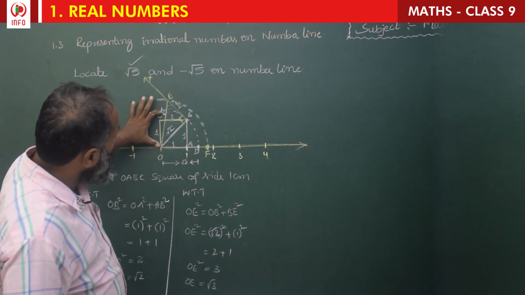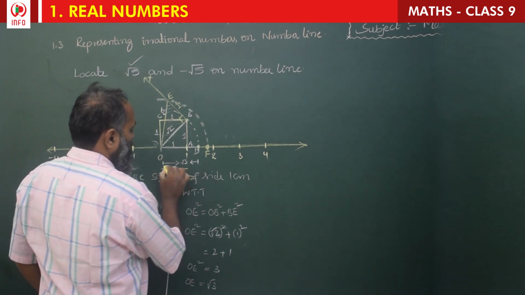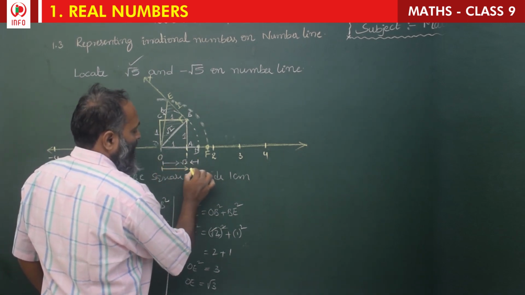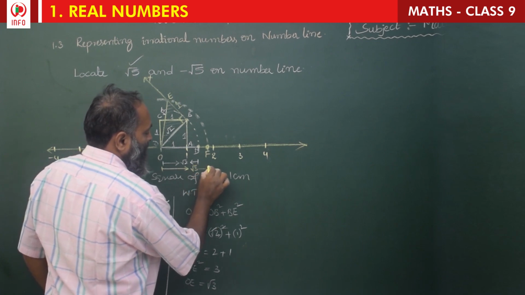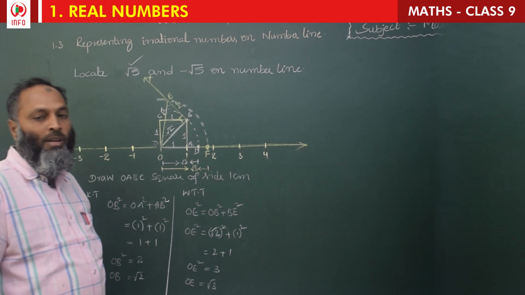OE length is root 3, OF is also root 3. O to F is root 3 units.